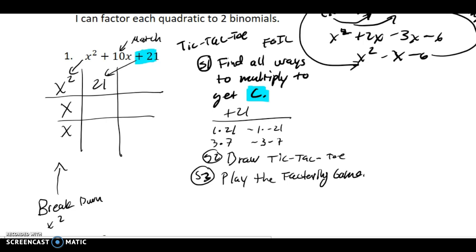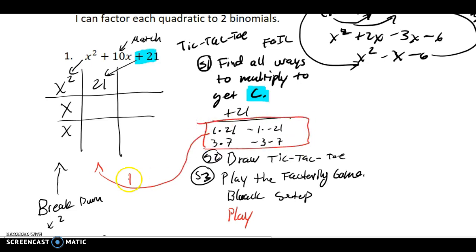And then in black here is the setup. That's how you set it up every time. You can do that every time. And then in red here, we're going to play. So 21, we need to pick one of these. So we're going to pick one of these things that make 21.